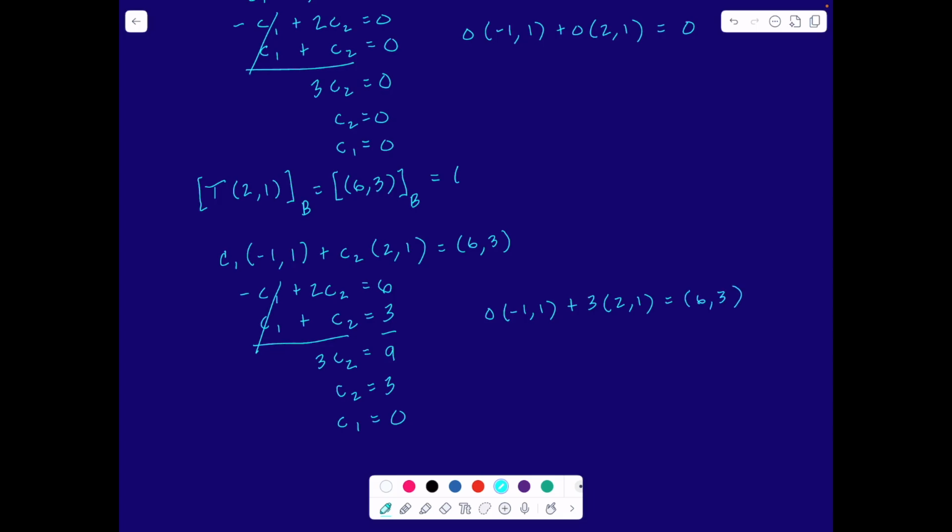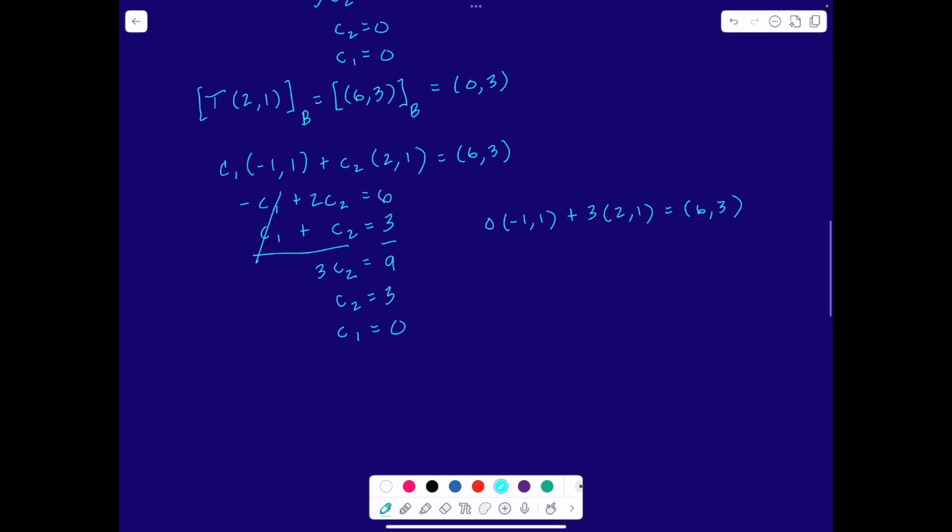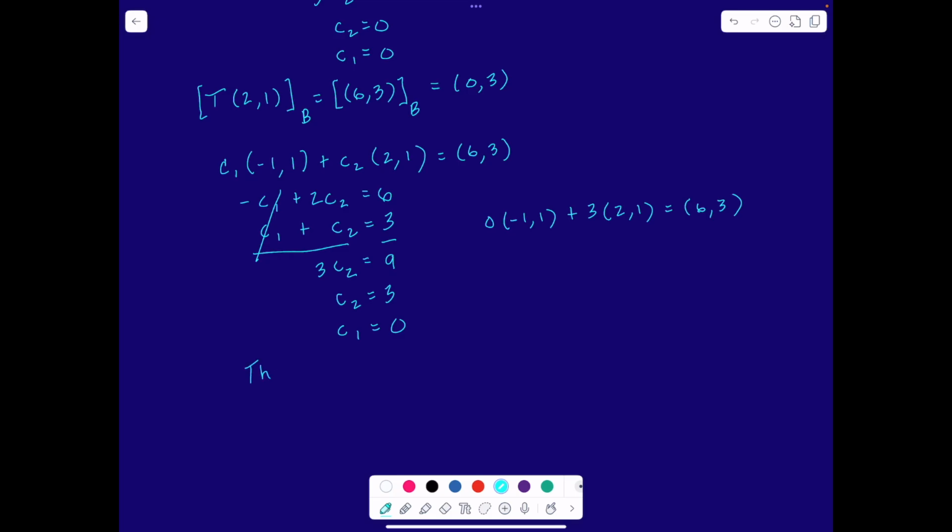And so this result would end up giving us (0, 3), which would make the matrix of T relative to B, A prime, equal to 0, 0, 0, 3.